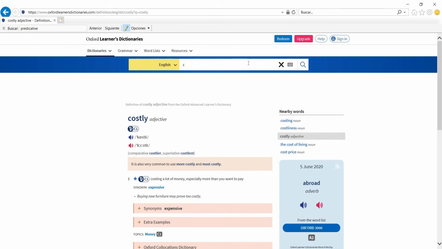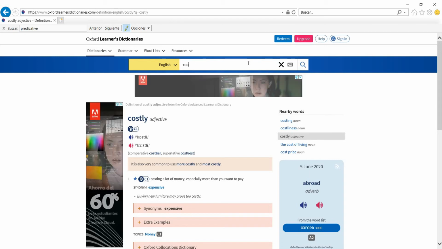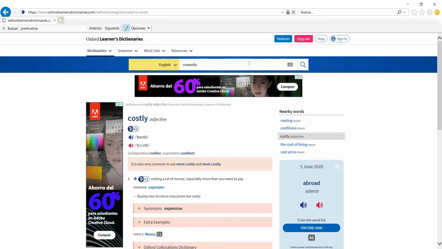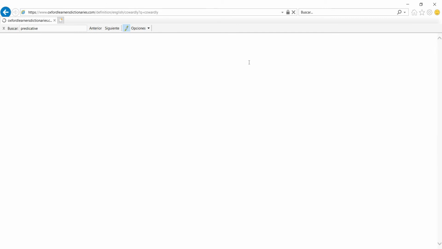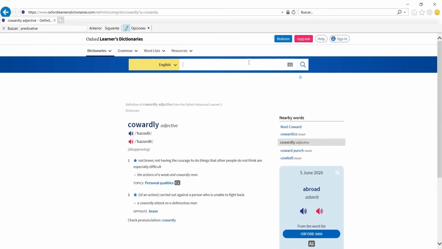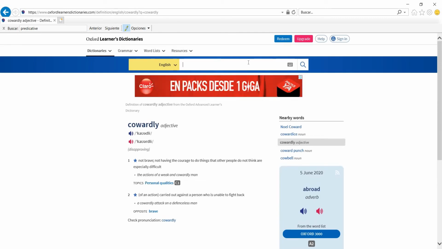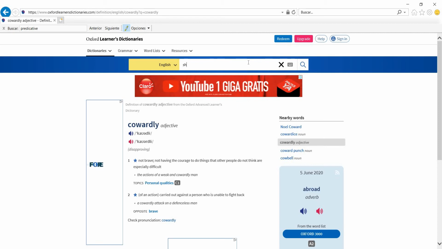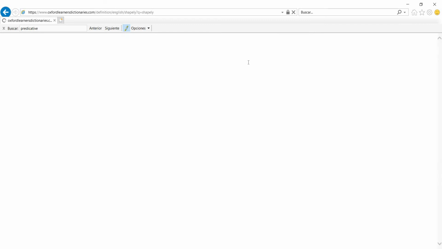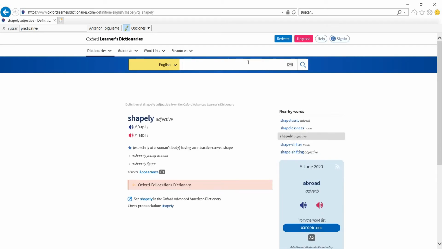There's also cowardly, as in cowardly behavior, right? Be very careful. That's an adjective, cowardly behavior, right? Shapely. I don't know if this is an entry for this. Shapely fingers.